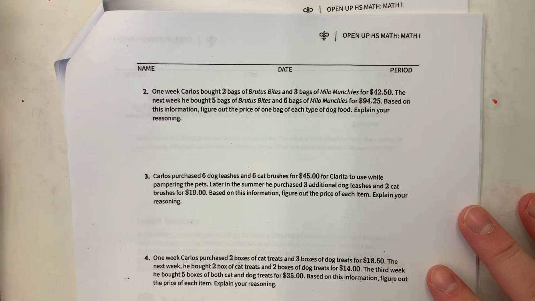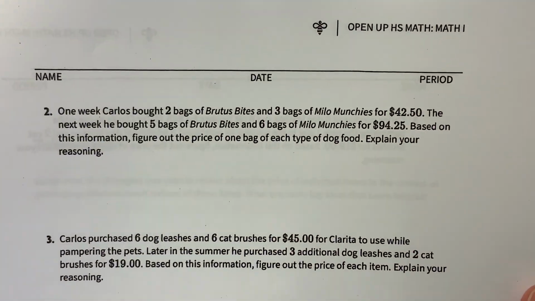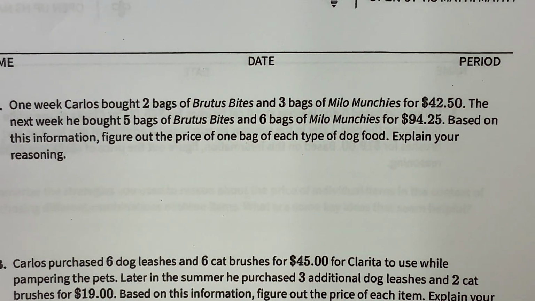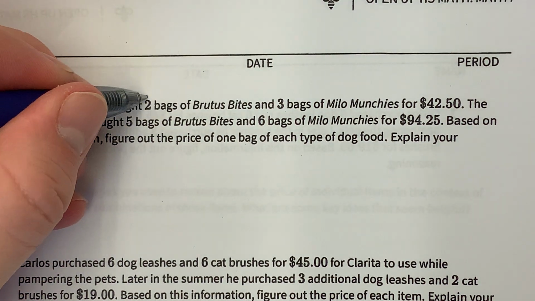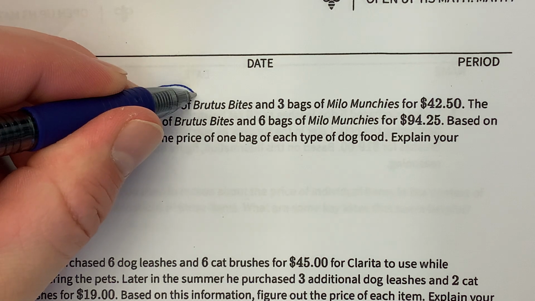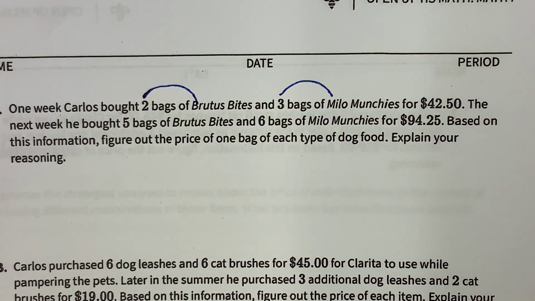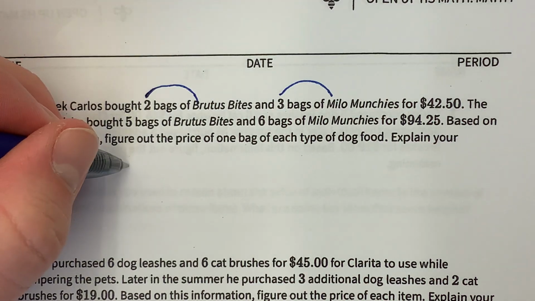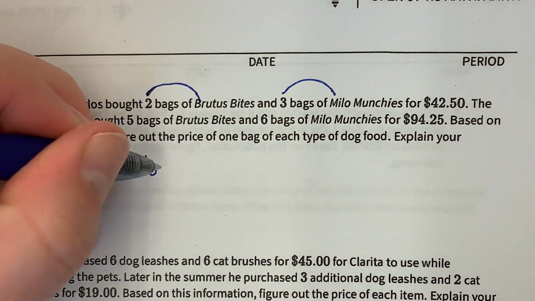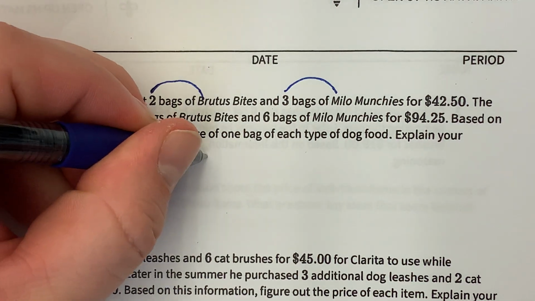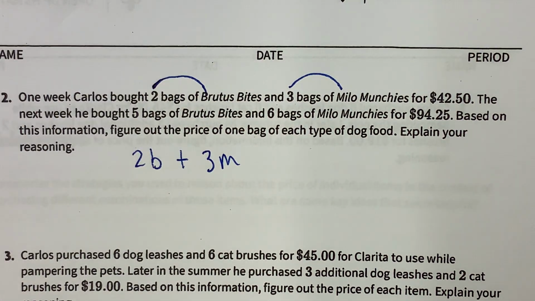If you look carefully, it's basically giving us 2 equations, right? It's saying 2 Brutus and 3 Milo, right? So that's the same thing as like 2B for 2 Brutus plus 3M for Milo or Munchies, right?